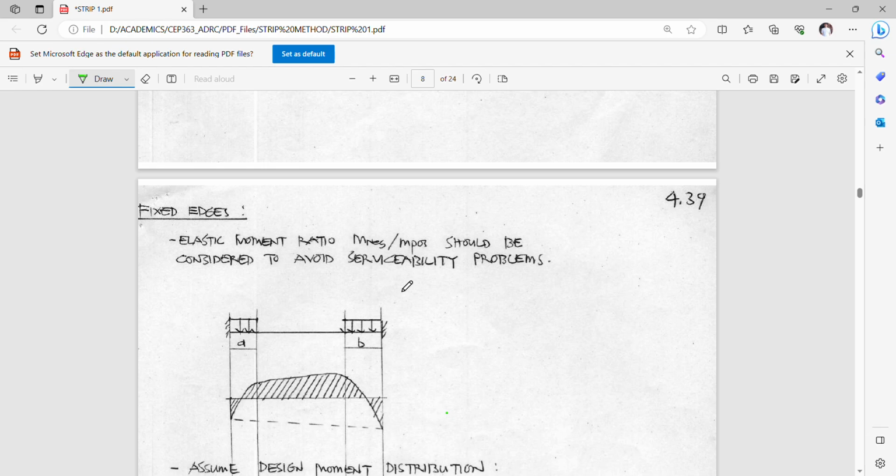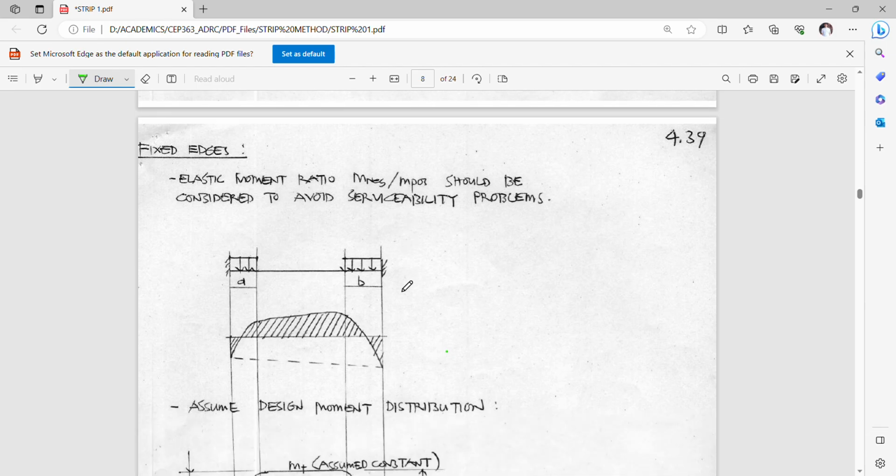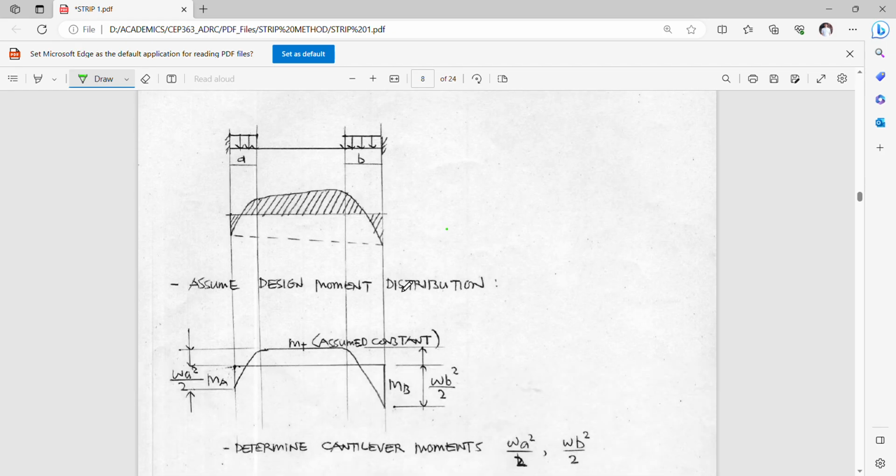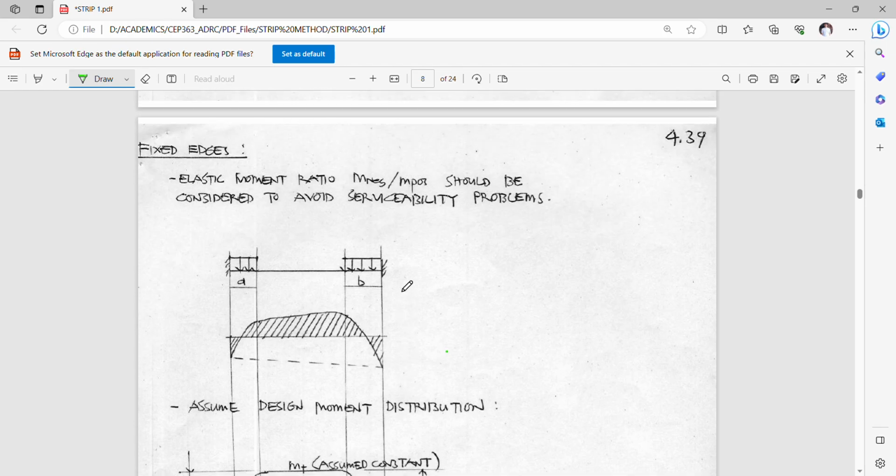Okay guys, so this time we're going to discuss the continuation of our topic on the strip method. This time I'd like to focus on the consideration of the fixed edges in the conduct of determining the design moments for two-way slab panels.